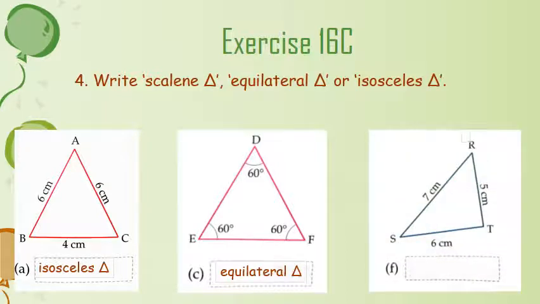Now let's move to the F part of question number 4. Here children, the sides of the triangle are 7 centimeter, 6 centimeter and 5 centimeter. So all the sides of this triangle are unequal, or we can say no two sides of this triangle are equal. So this is a scalene triangle.